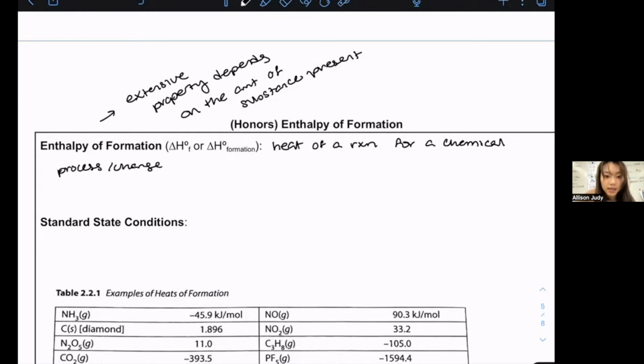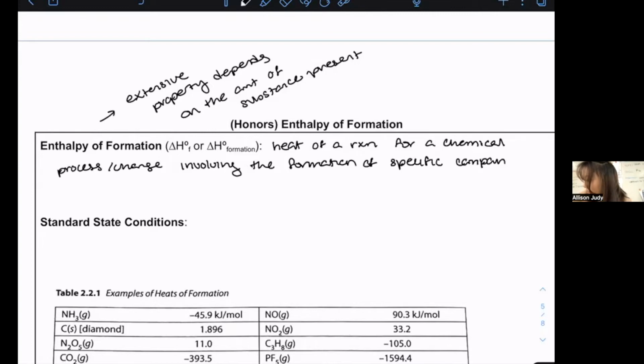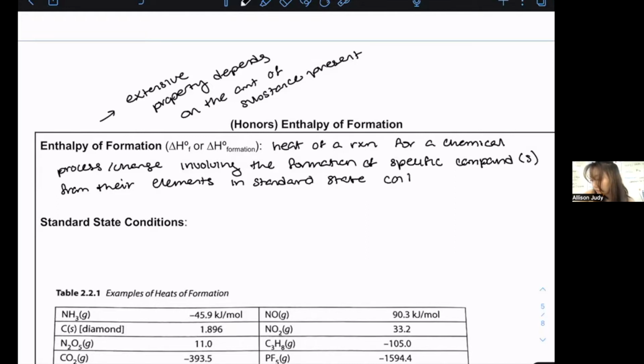Involving the formation of a specific compound or compounds, if you have more than one, from their elements in standard state conditions.